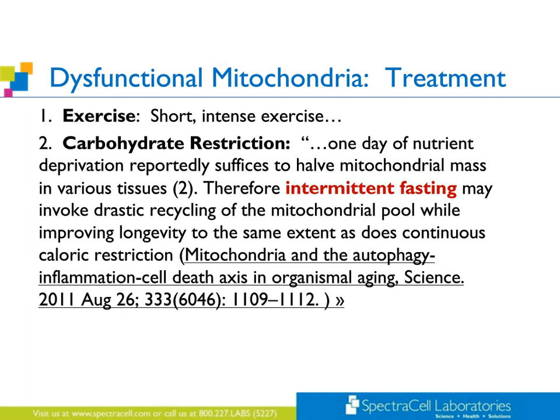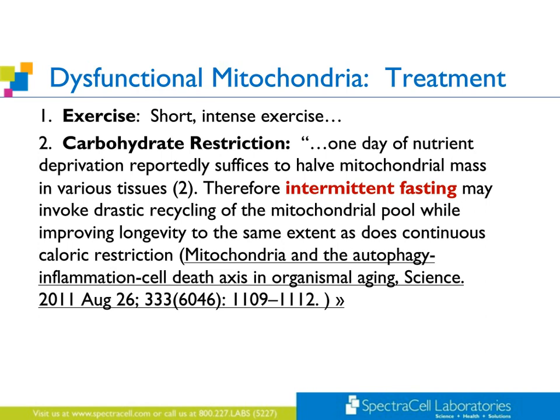So when we look at this also, the second area to concentrate on in treatment of dysfunctional mitochondria is carbohydrate restriction, otherwise known as intermittent fasting. There have been reports that show, as this particular abstract states, 1 day of nutrient deprivation, such as fasting, suffices to halve your mitochondrial mass in various tissues.